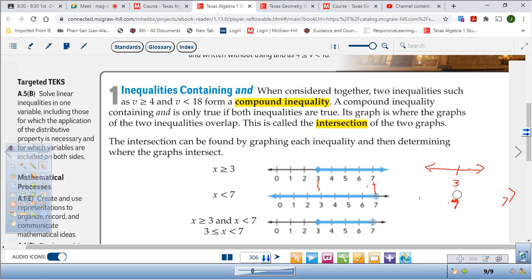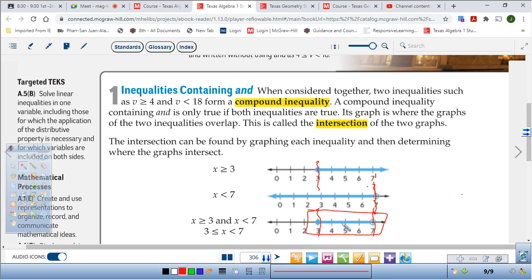Now, this right here is the answer. You see how this part and this part overlap, so you bring this down here, and it only goes good until right here. So this is your final answer. Pretty cool, right? Now, the way you're going to write this out, since we're talking about x's, x is in the middle.